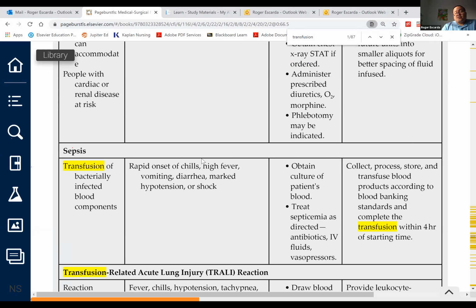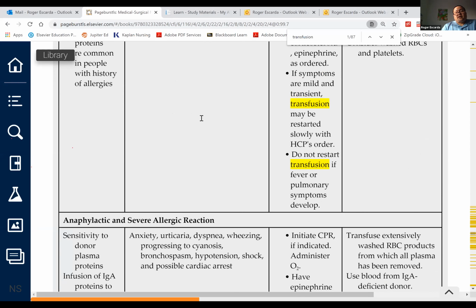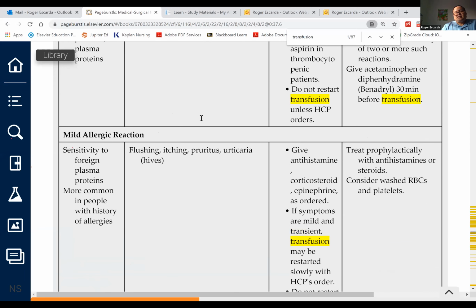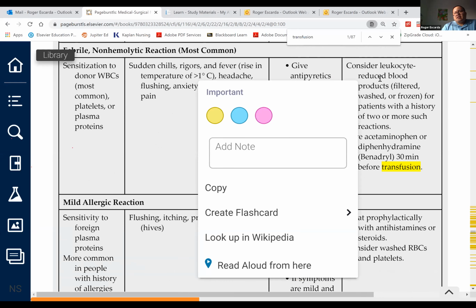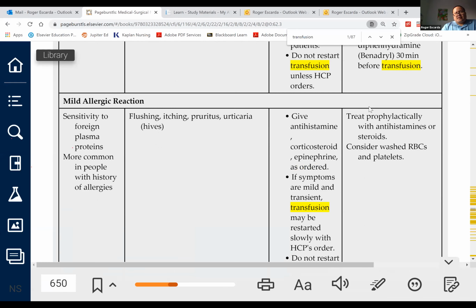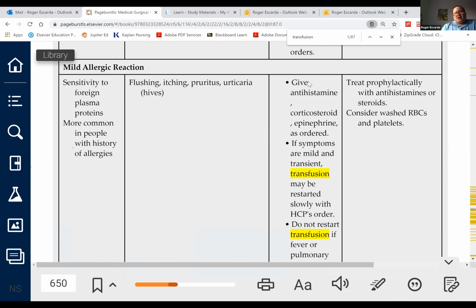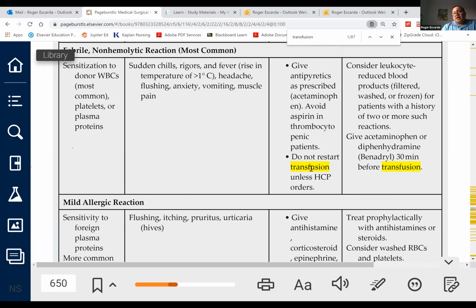So if the fever is really high, then that's not a febrile reaction anymore. That's sepsis. For a febrile reaction, it's not really serious. It's only a one degree rise from baseline temperature. So it's not really life-threatening. And although you stop the transfusion, you can restart it.